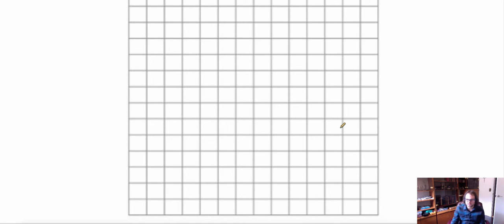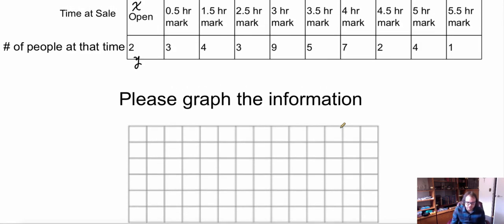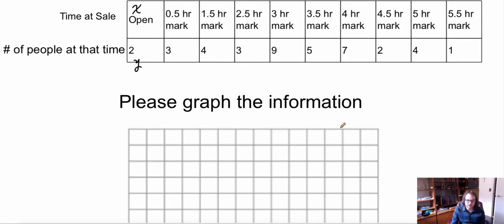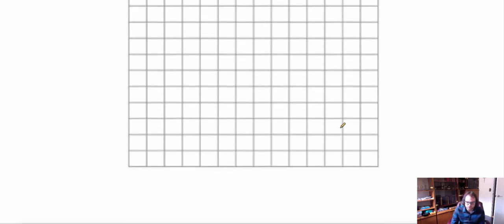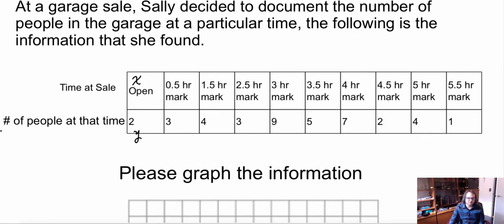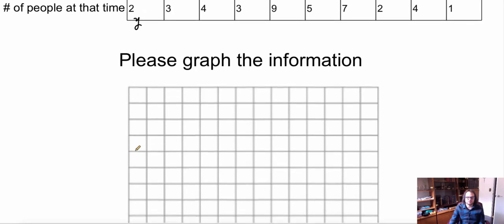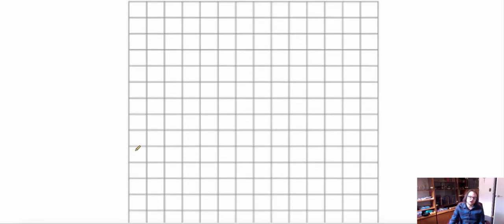Remember, this goes to 14. So on the bottom here, we're going to have time at sale in hours. So I'm going to write at the bottom, time at sale in hours. So that's my x value. Now my y value is number of people at that time. So I have to put on my y, my vertical, number of people at that time.